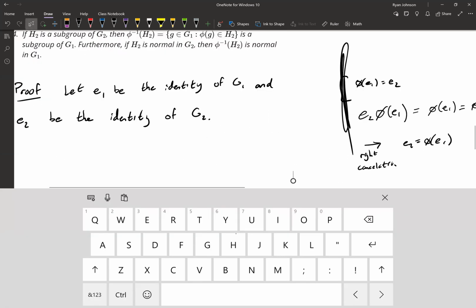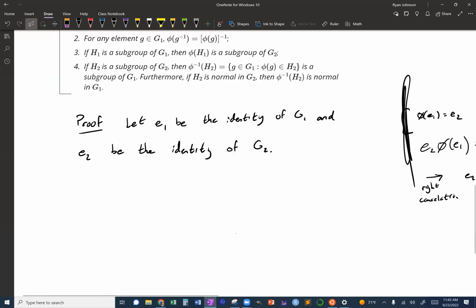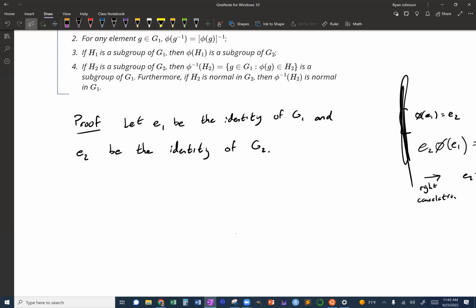All right, so how do we write that up? Basically just like I did over there, E2 times phi of E1 equals phi of E1 equals phi of E1 times E1 equals phi of E1 times phi of E1.